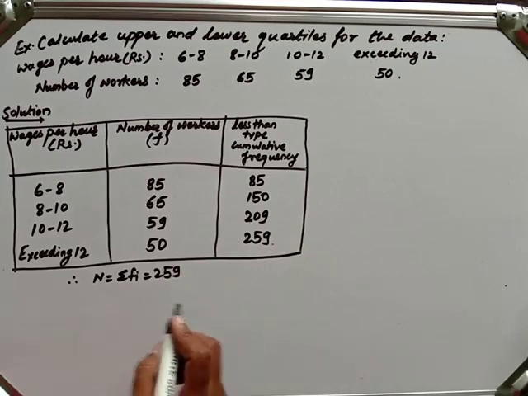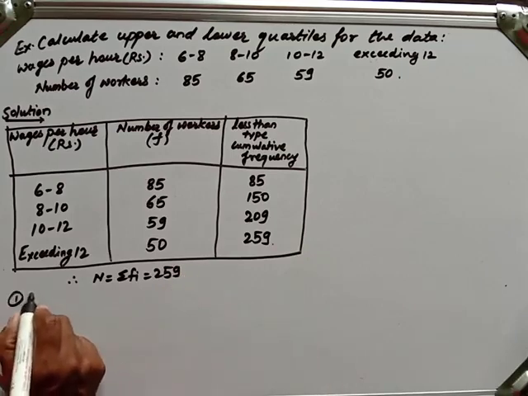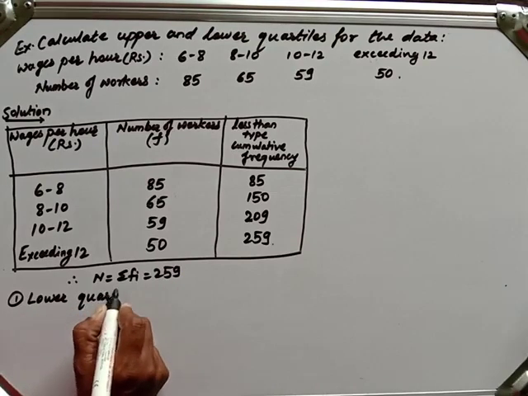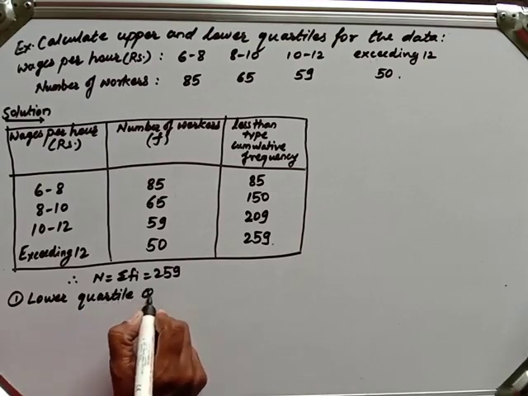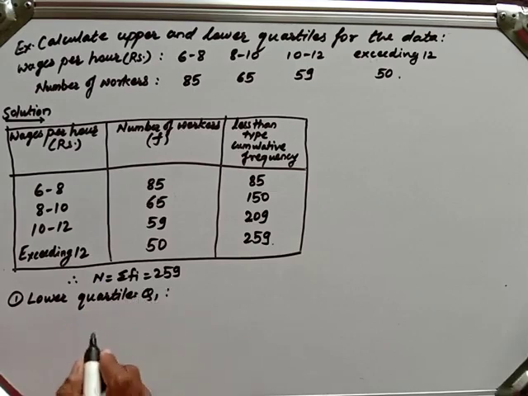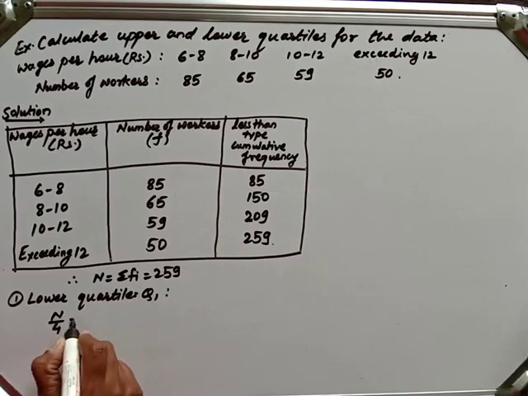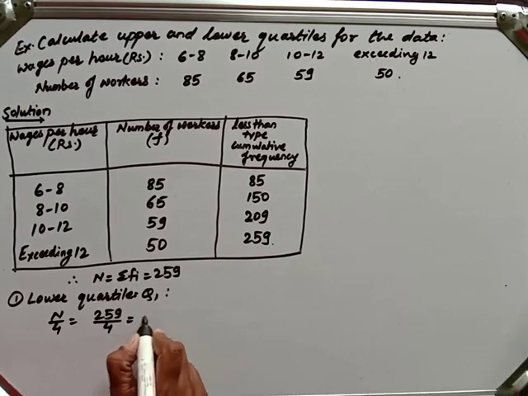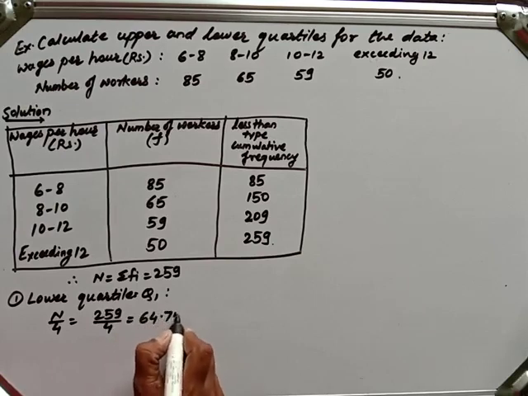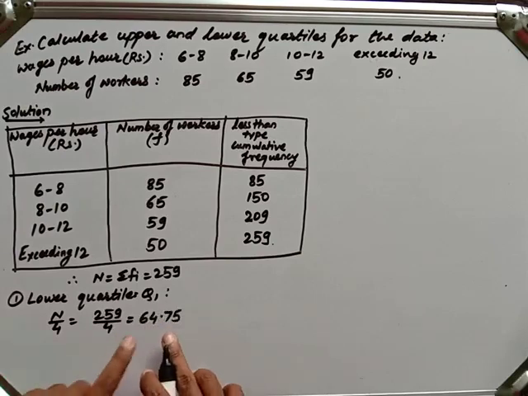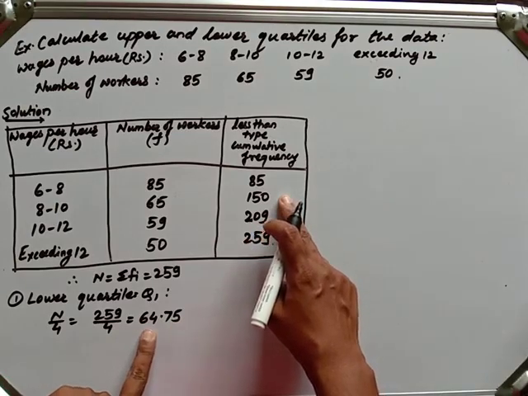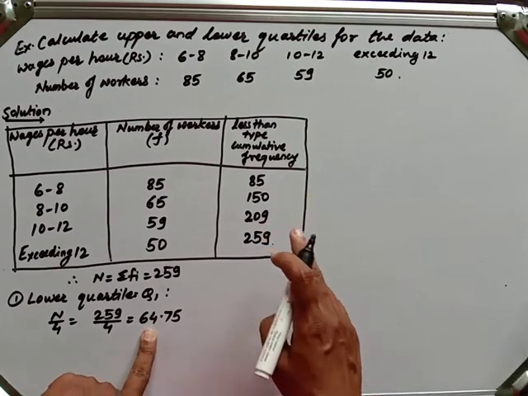Now let us work on the lower quartile first, Q1. Here we first have to obtain n by 4. n by 4 is 259 upon 4, so that will be 64.75.